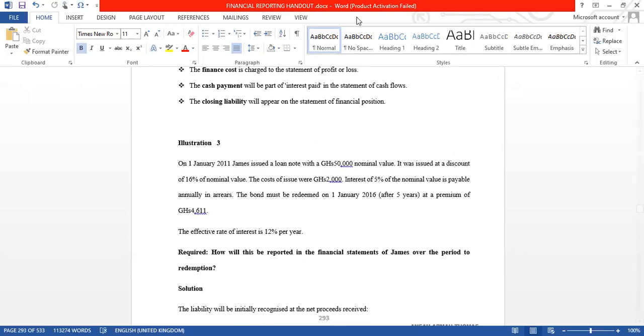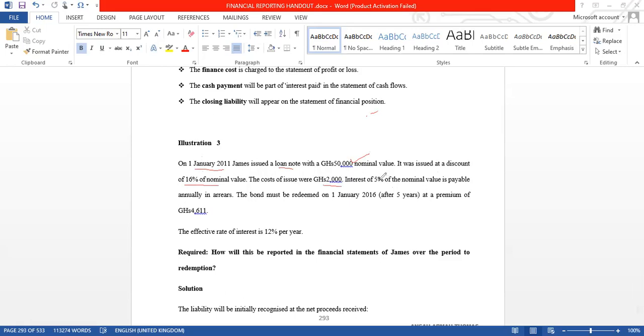So we have James, and he says that on January 1, James issued a loan note for 50,000 nominal. It was issued at a discount of 16% of the nominal. Take note of that. And we have issue cost of 2,000.